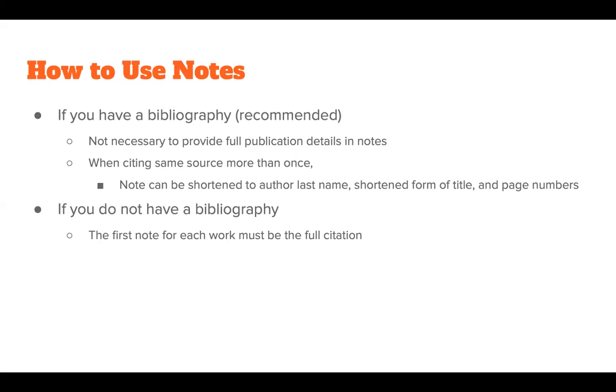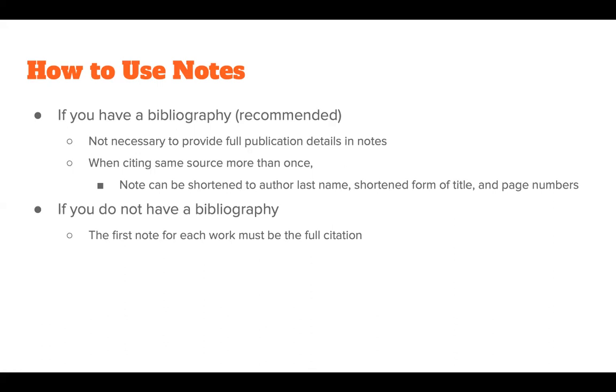And when you're citing the same source more than once, your note can be shortened to the author's last name, a shortened form of the title, and page numbers, instead of all the full publication details. However, if you do not have a bibliography, the first note for each work must be the full citation, since we do not have corresponding entries in the bibliography.